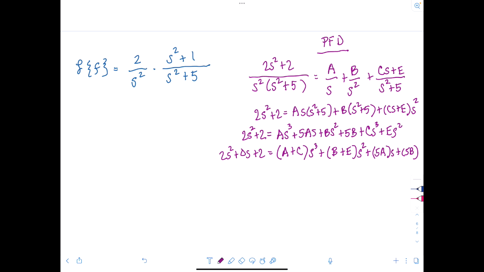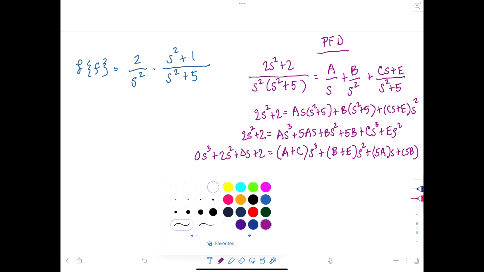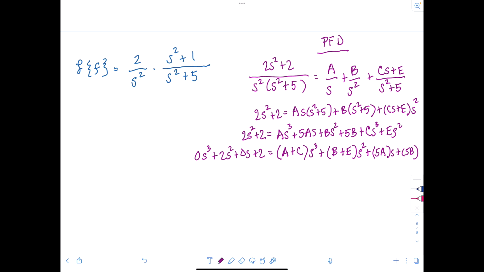All right. So now, here we go. Remember that you equate coefficients. So I don't have a cubic term, so I should have written that in: 0s cubed. And so I'm going to equate the a plus c to 0, the b plus e to 2, 5a to 0, and 5b to 2.